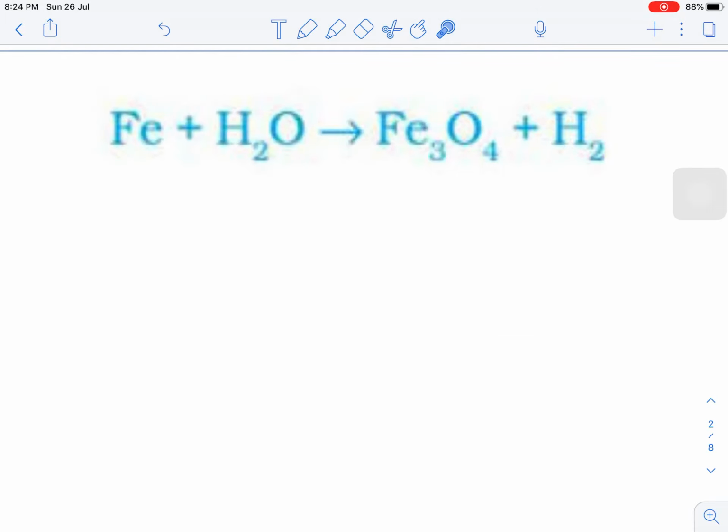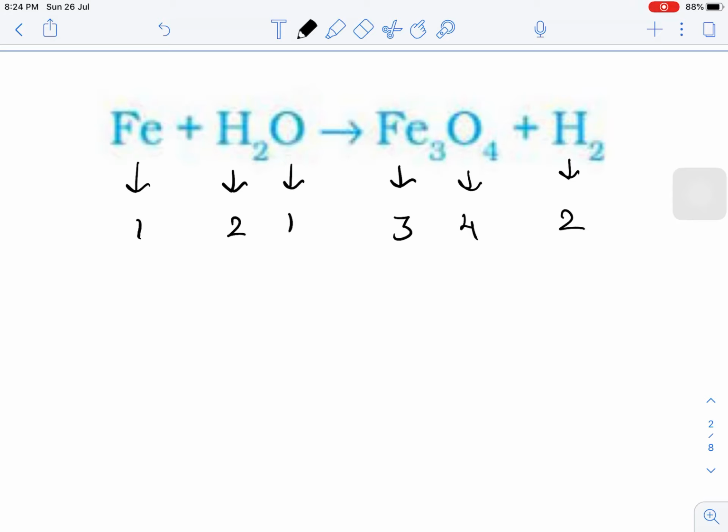So now there is one atom of iron, 2 atoms of hydrogen, 1 atom of oxygen. On RHS we have 3 atoms of iron, 4 atoms of oxygen and 2 atoms of hydrogen.